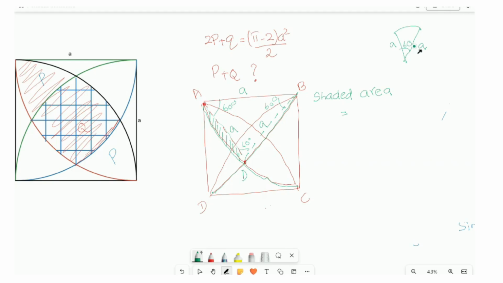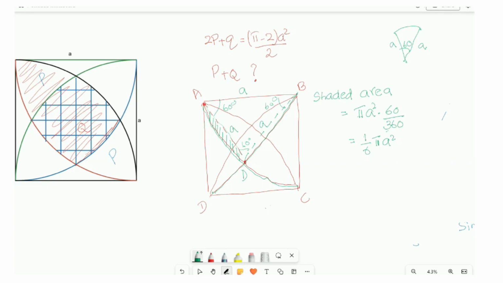So therefore we know that the sector area is equal to pi A square times 60 divided by 360, which is equal to, 360 cancels, 1 over 6 pi A square. So that means this sector area is 1 over 6 pi A square.